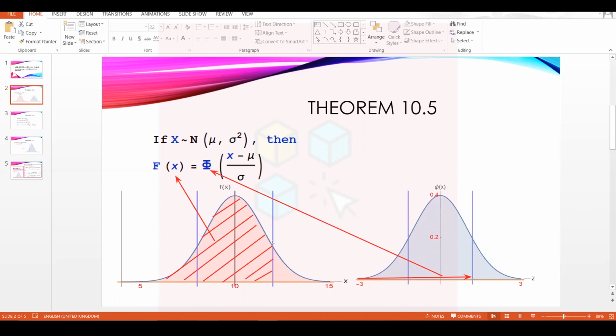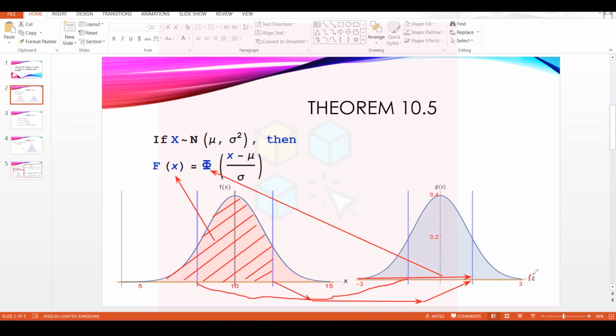At a specific point in the normal distribution, we have a corresponding point in the standard normal distribution. For example, if I plot a line, the corresponding value is on the left side. Initially we will calculate the x point on the normal distribution, convert it into the z score, and the z score lies on the z line.